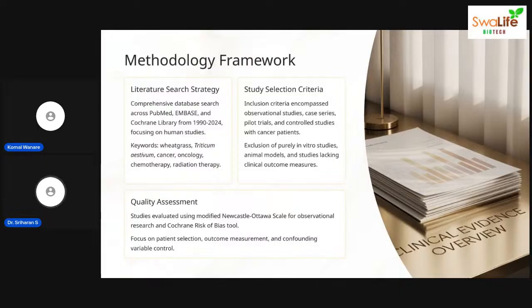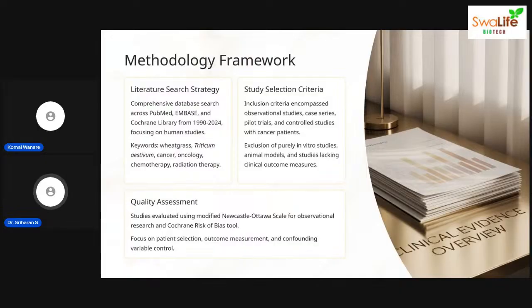A score of 0 to 3 indicates high confounding and selection bias. 4 to 6 has moderate selection bias and confounding. 7 to 9 is the best when selecting patients. Why I am saying this: only in 7 to 9 is there low risk of bias and high quality. So this is the quality assessment with the Newcastle-Ottawa scale.